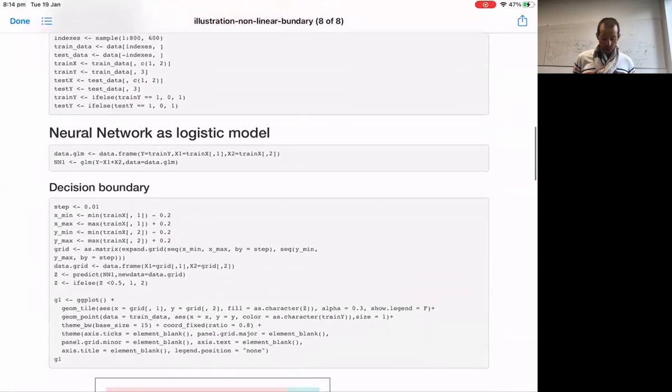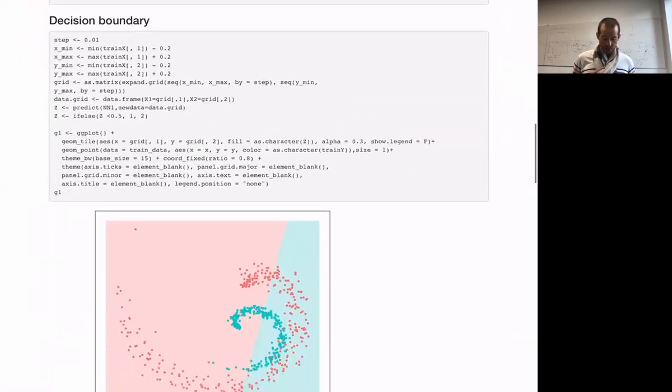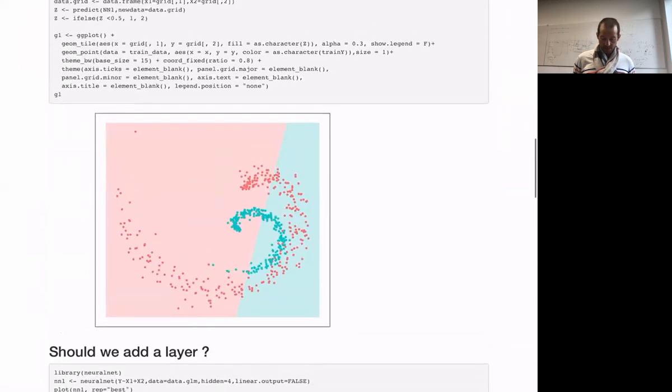So I first ran a logistic model. It's just a GLM, in R called GLM for generalized linear model. And I got this linear decision boundary based on my logistic model. You can see that it cannot separate my two groups well.